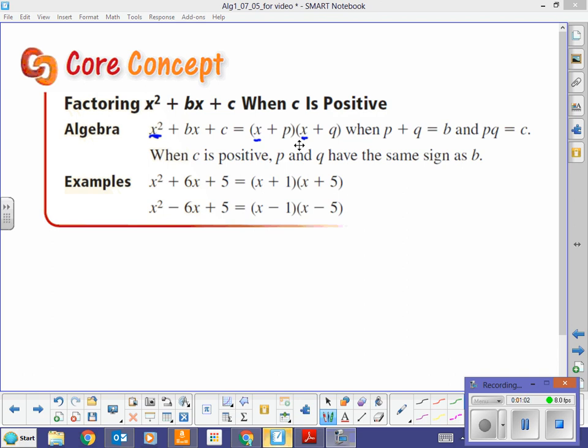And then what's going to happen here is the numbers that go at the end of each binomial, the sum of those numbers, p plus q in this case, is going to be the coefficient of our middle term, and p times q, the product, is going to be the last term. So here's some examples, you can look at those real quick, but I'm going to just do some for us, and you'll get a hang of this real quick.